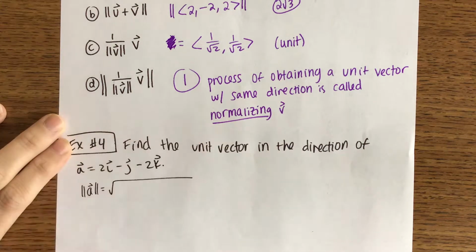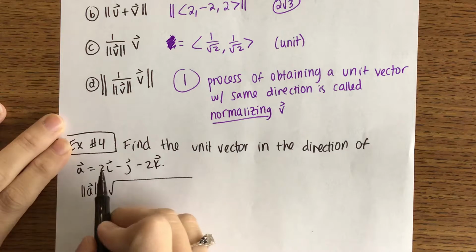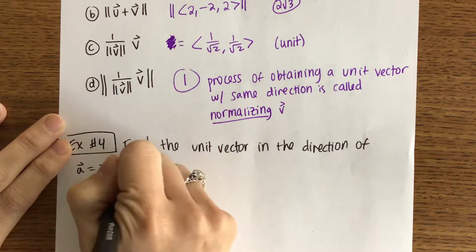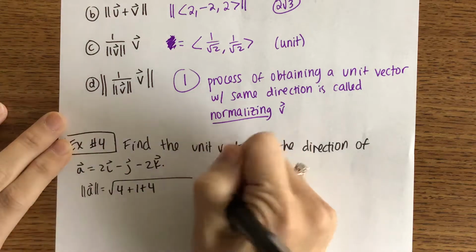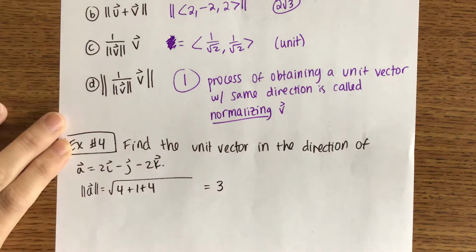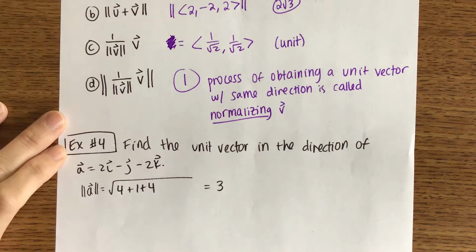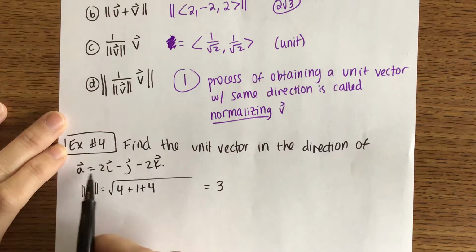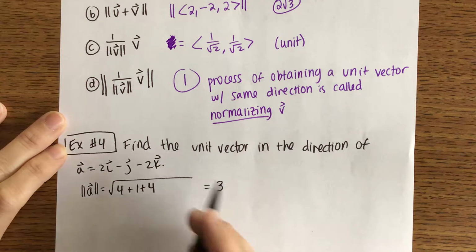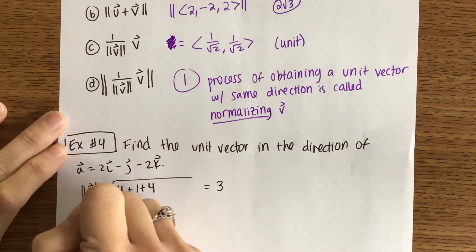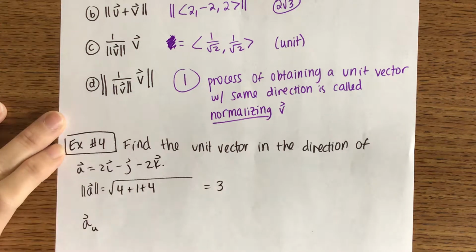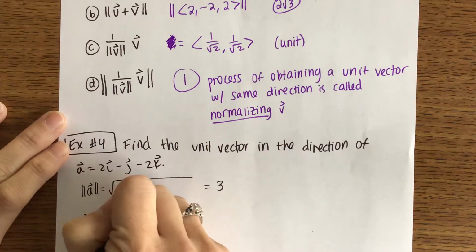So this is what we did yesterday. You're going to take the square root. You're going to square each of the coefficients. So we end up with a magnitude of 3. So then what you're going to do is divide your vector by 3 so that we have a length of 1. So I'm going to call this a sub u so that it's a unit vector.